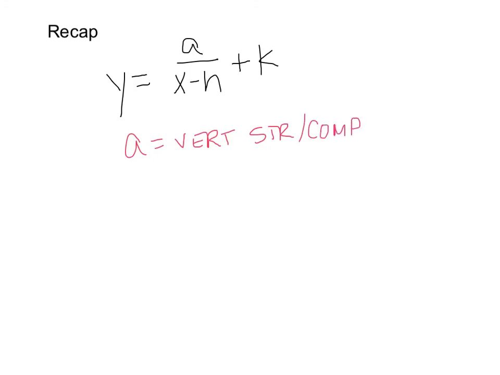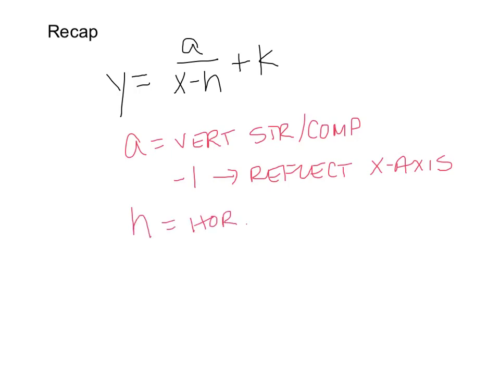And it also tells you that if it's negative, that means that it's been reflected over the x-axis. Then we also have h, and remember h is always opposite, and that shows you the horizontal shift. And then we have k, which is always the same, and that shows you the vertical shift.